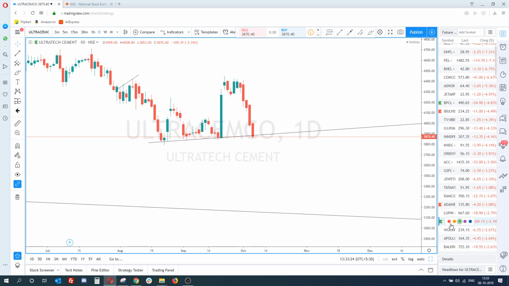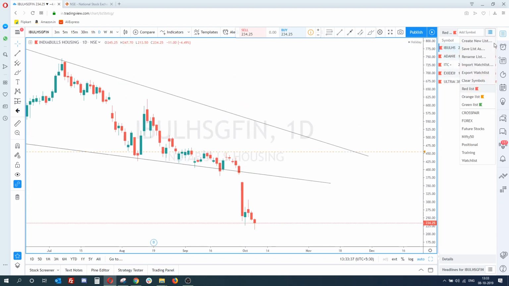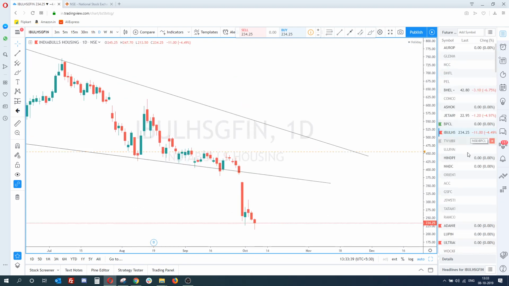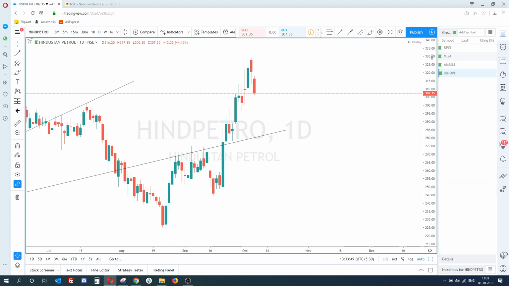So this is a bearish outlook, right? I will put this in red, and if I just go here and press the red list, I will be able to see this. And the same goes for bullish. If I think that Hind Petro is bullish, although it is not, I will just put this in green color, and I will be able to see this.